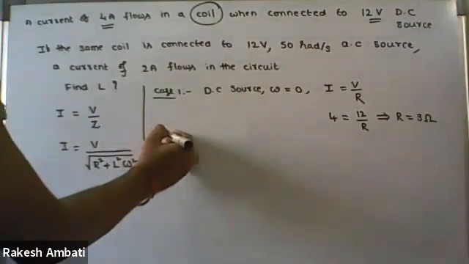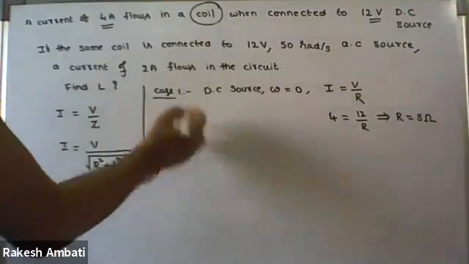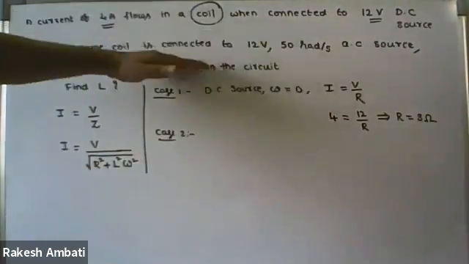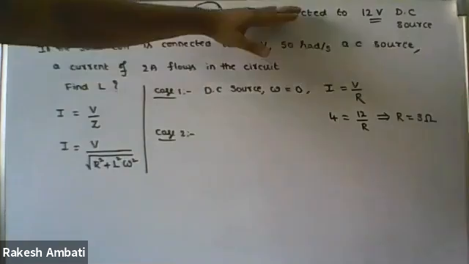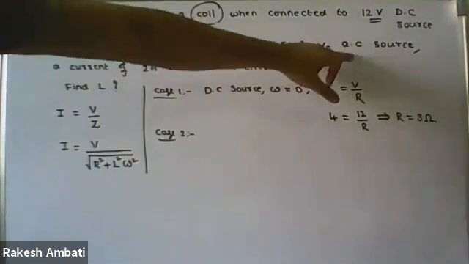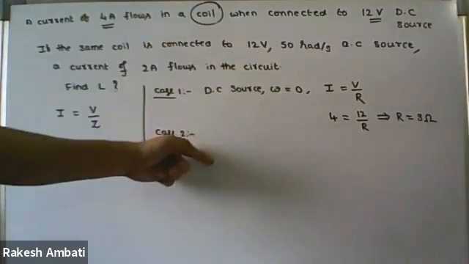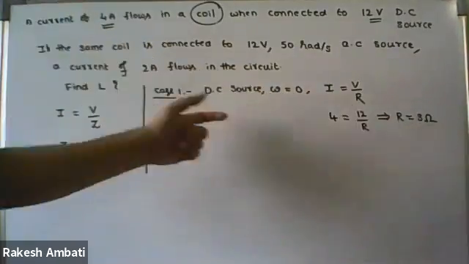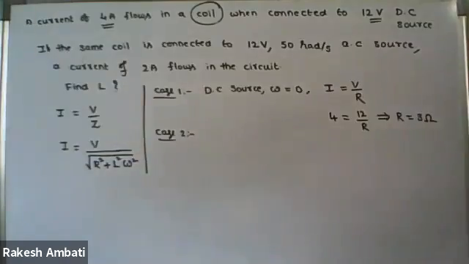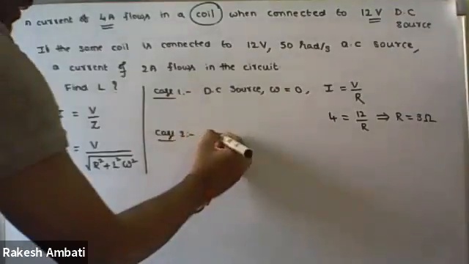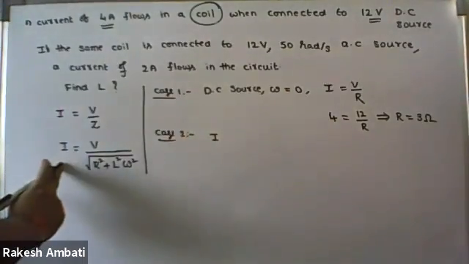Coming to the second case. The same coil we are taking, but connected to AC source. Same coil means resistance is the same in the second case. Then I equals, you follow this formula.